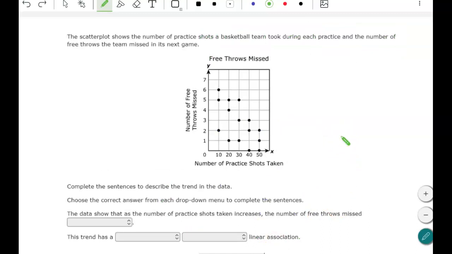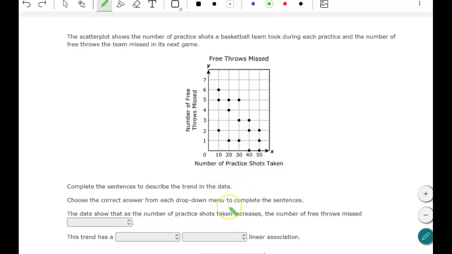All right, the scatter plot shows the number of practice shots a basketball team took during each practice and the number of free throws the team missed in the next game. This is the practice shots, and here's the number of free throws missed. There's kind of a downward trend. Complete the sentences to describe the trend in the data.